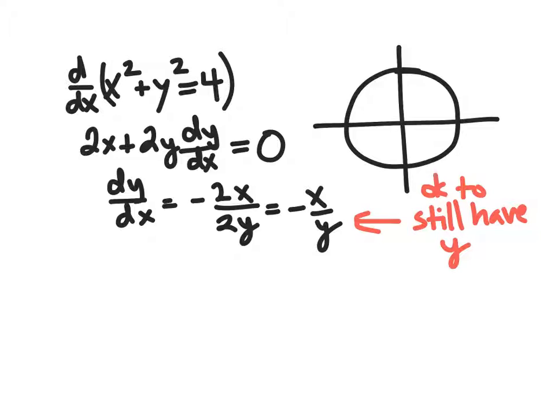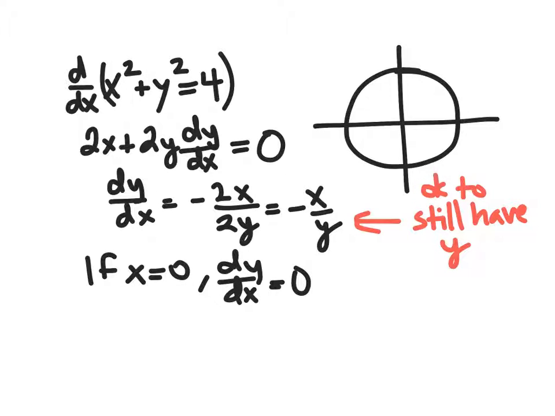And let's check that this matches what we see on the graph. So if x equals 0, aka if you're on the y-axis, then dy/dx is 0. Well, what do we see? We're on the y-axis here. We have horizontal tangent lines at both points on the y-axis. If y is 0 and we're on the x-axis, what do we notice?